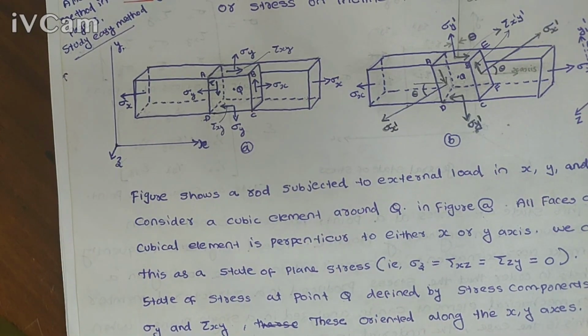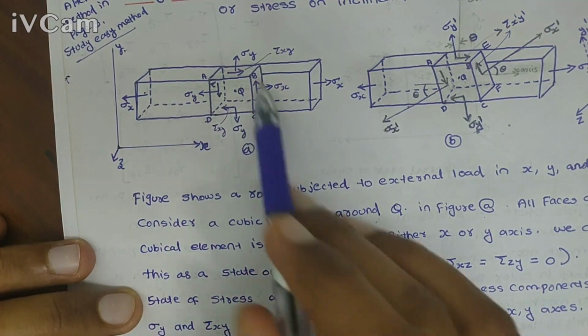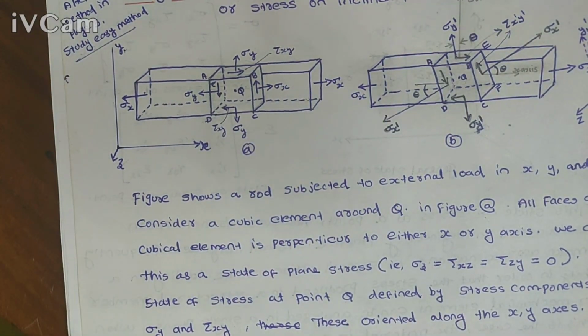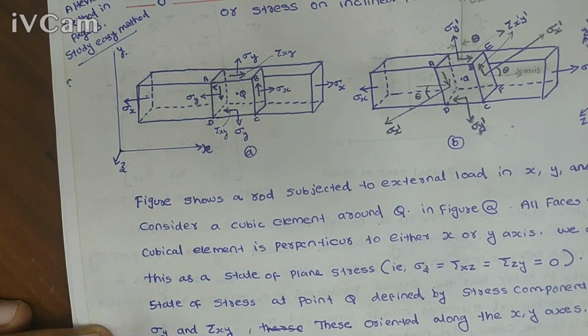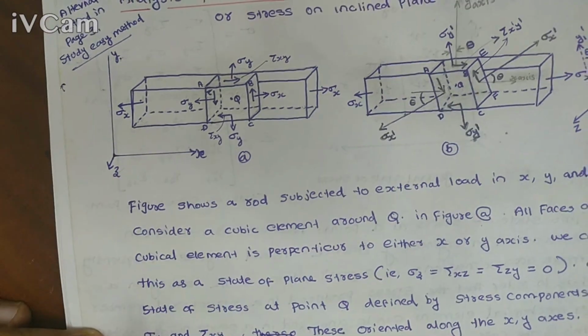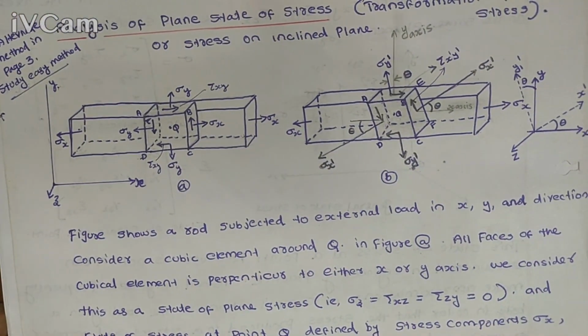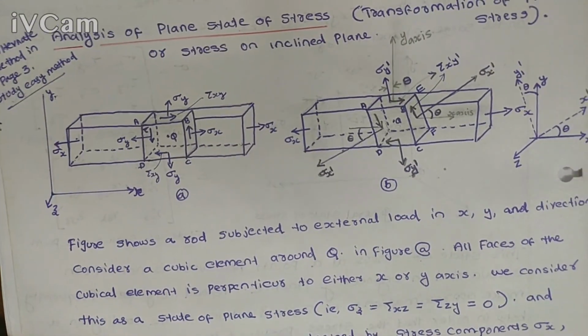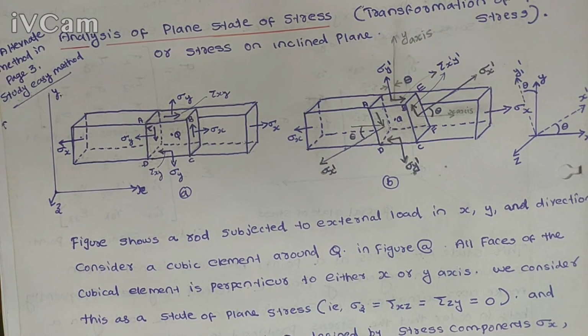Some shear stress tau xy also acts on the four faces of this cubical element. This is in the x, y, z system, and I am going to orient this cubical element into a new axis system.